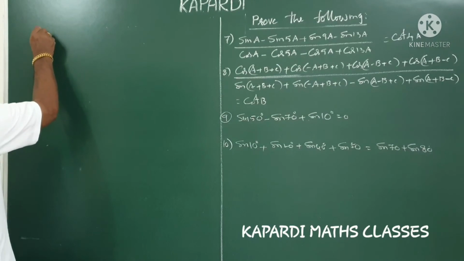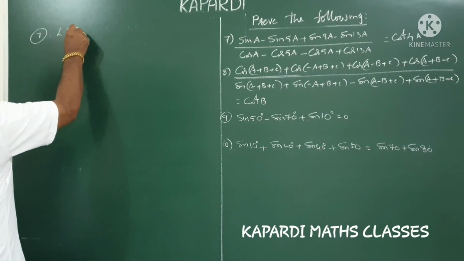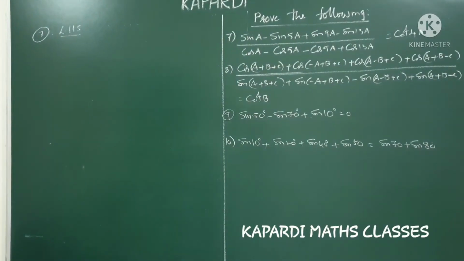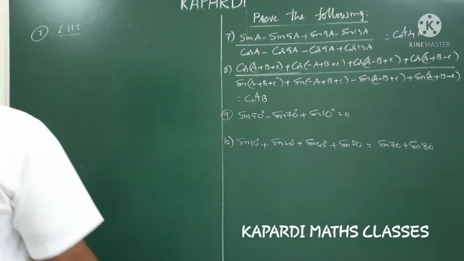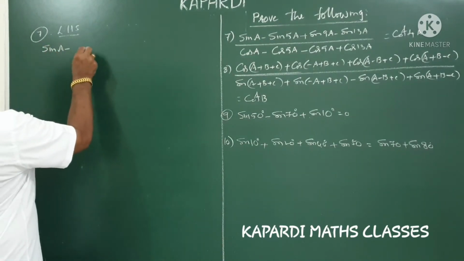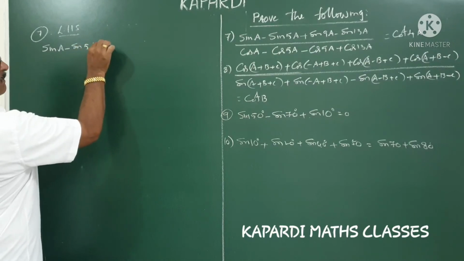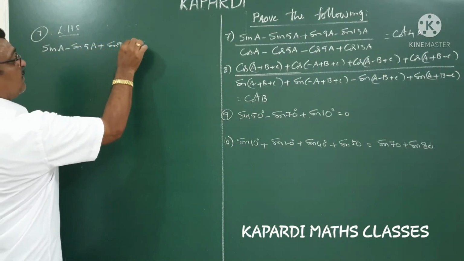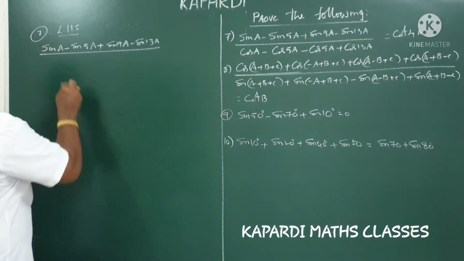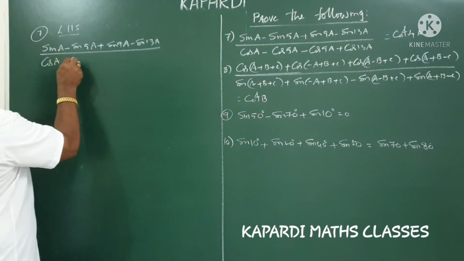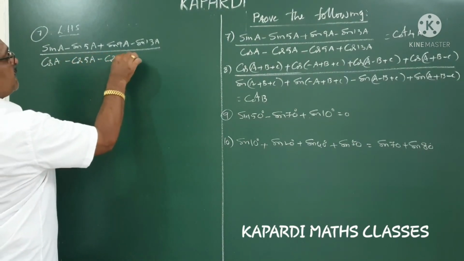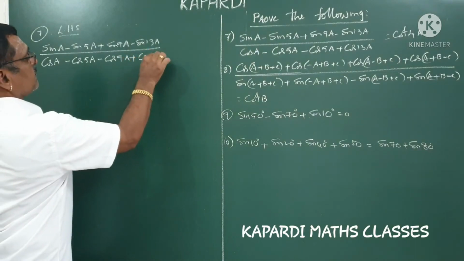So my seventh question, left hand side: sin a minus sin 5a plus sin 9a minus sin 13a by cos a minus cos 5a minus cos 9a plus cos 13a.